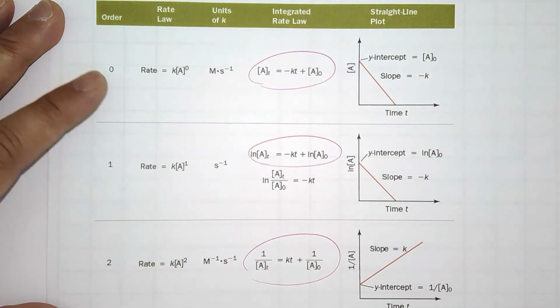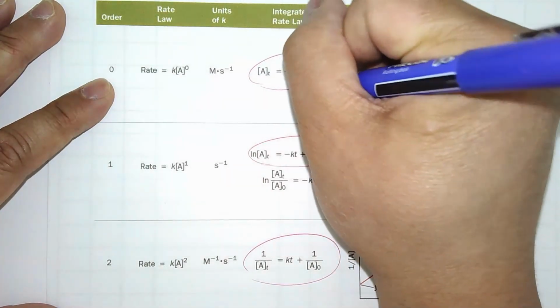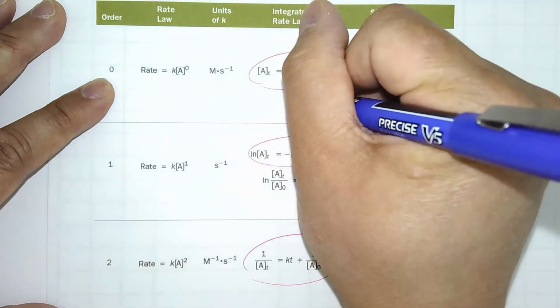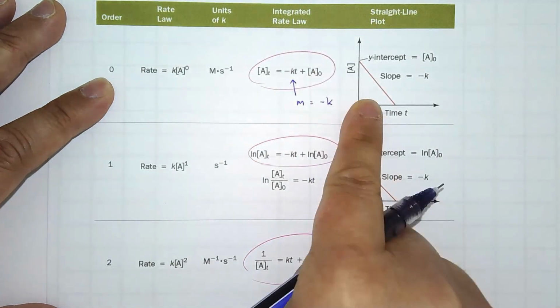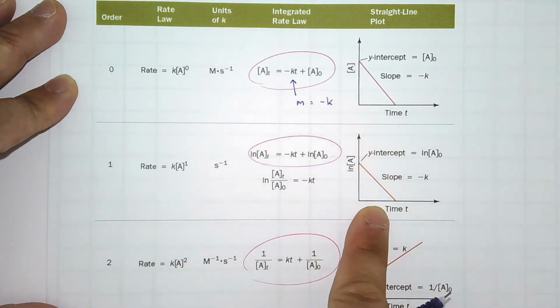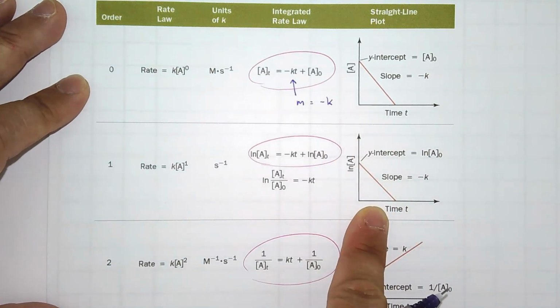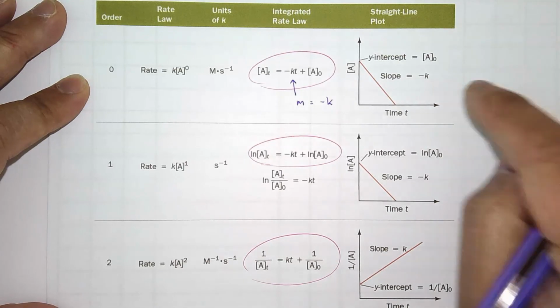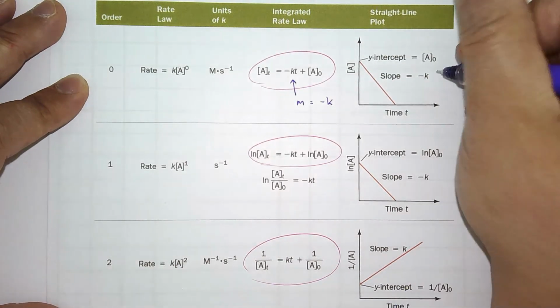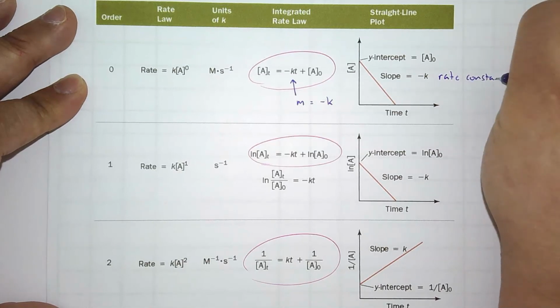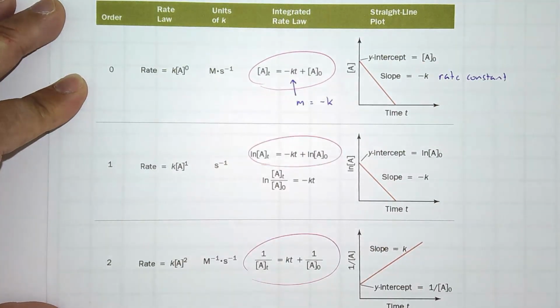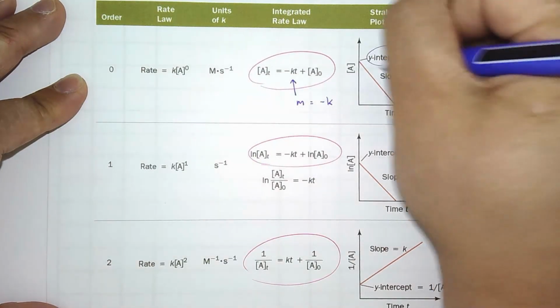What about the slope? I told you that we would discuss slope a little bit. Here the slope, m, equals negative k. So the first two, yes, the slope is going downward. Not only can you get the rate constant, which is super important to be able to use this equation, you could also get the initial concentration of A, because that's the y-intercept.